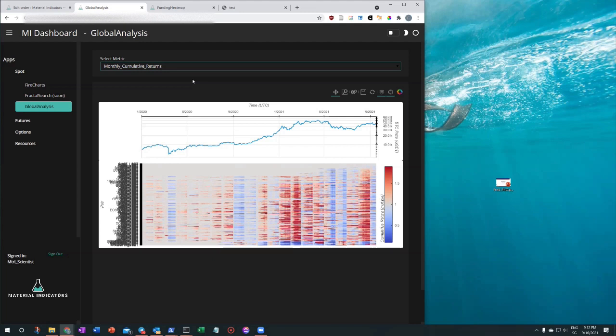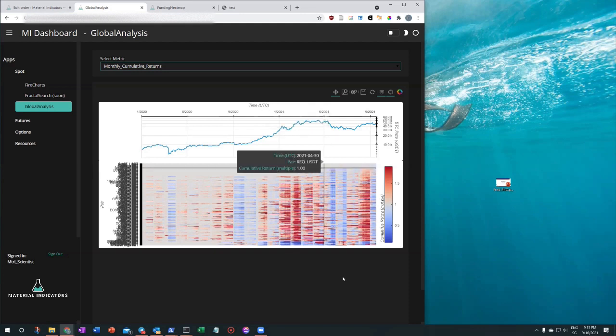Fred, in these charts, is Bitcoin historically different from the rest of the alts, or is everything correlated? Down at the bottom there, Fred, there are different coins, I'm guessing, on the y-axis.